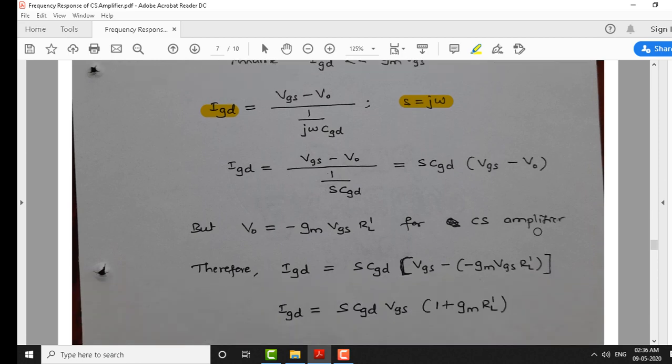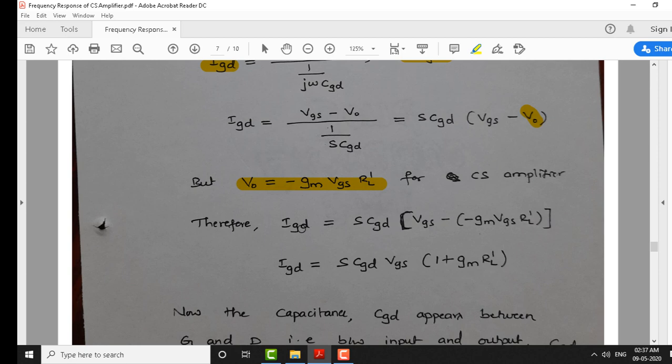We have derived in earlier classes the output voltage of the common source amplifier. So V0 equals minus GM times VGS times RL dash. This is important to derive the expression for the voltage gain of the high frequency common source amplifier. Now we can substitute V0 here, and the IGD equation can be simplified.